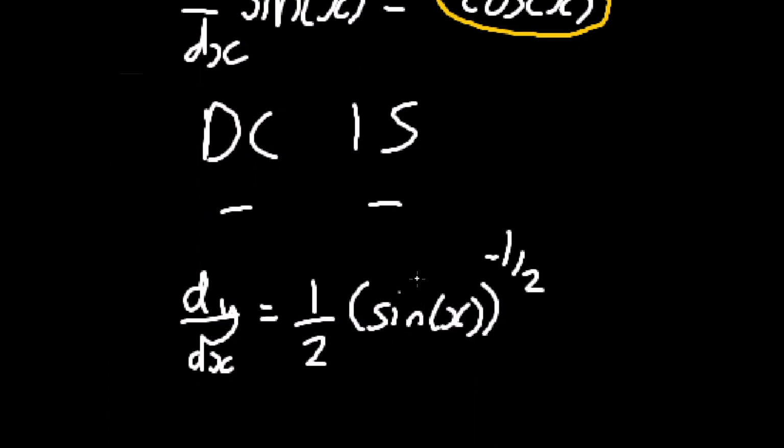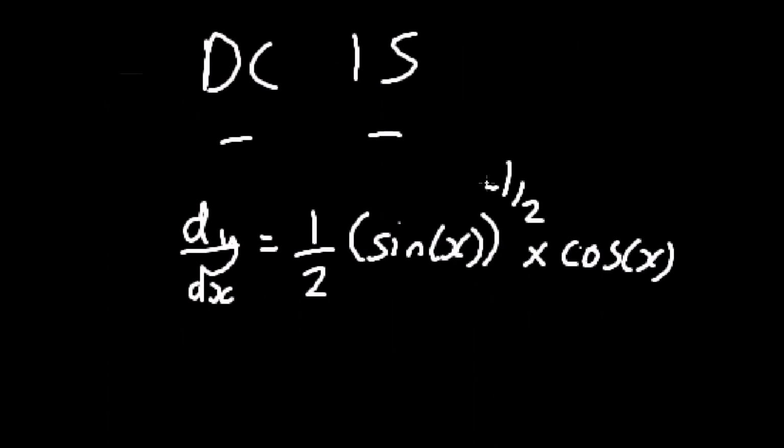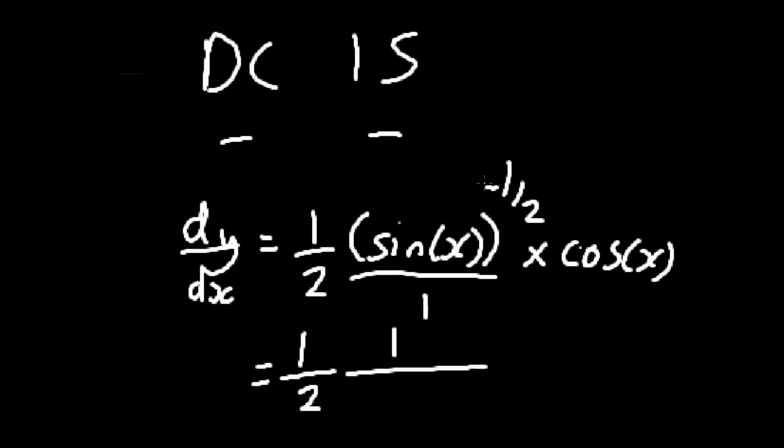So leave it like that, and then we times it by cos of x. Now, whenever you have a negative indice, it means that it should be at the bottom of the fraction, not at the top. So that should be 1 over sine, like this. All right. Oh, not a negative there, just 1/2 there, and the cos at the top.